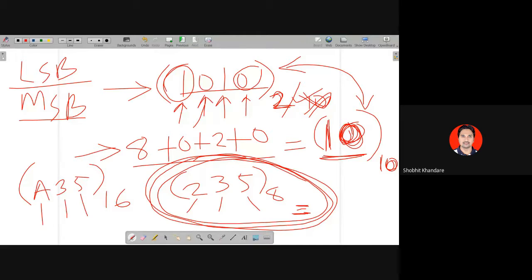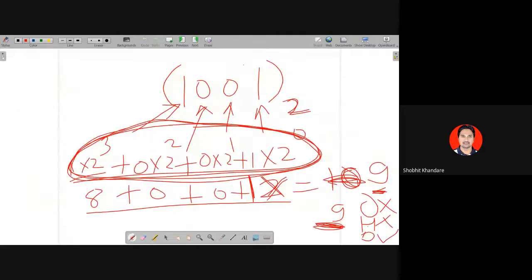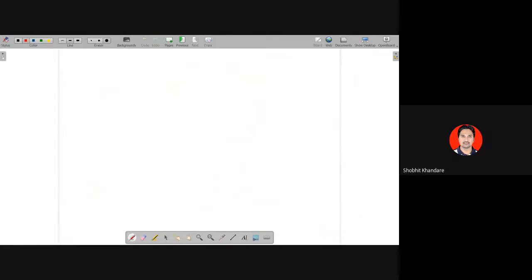Now you will say, sir, how A into 16 to the power of 2? Then in that case, A has to be written in decimal form. So what is the equivalent of A in decimal form? 10. Yes, मैंने आपको बताया था ना. I think I have told you that it is 0, 1, 2, 3, 4, 5, 6, 7, 8, then 9, then comes A. Now these are all in hexadecimal.